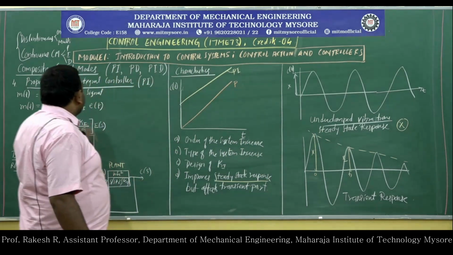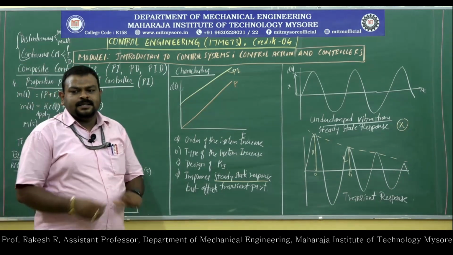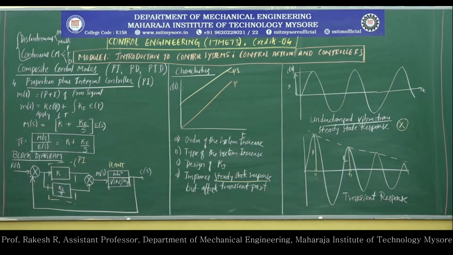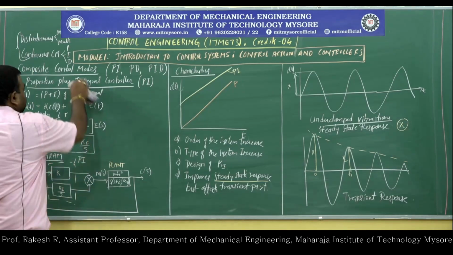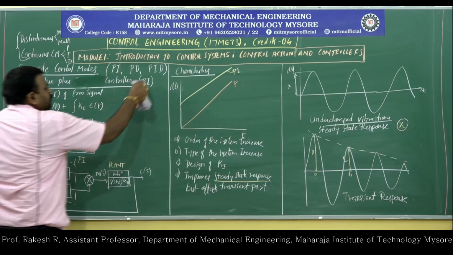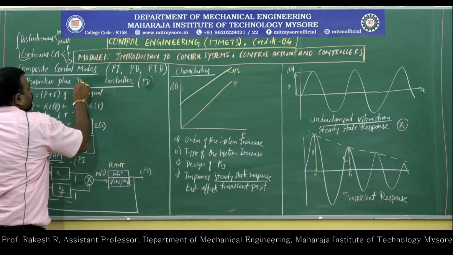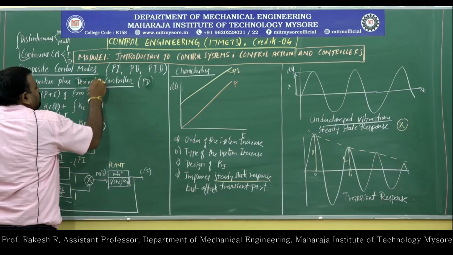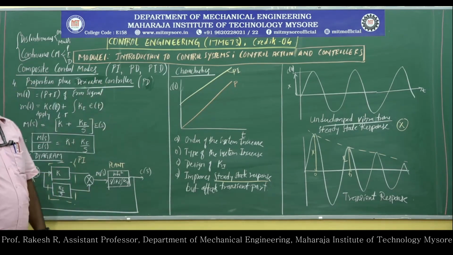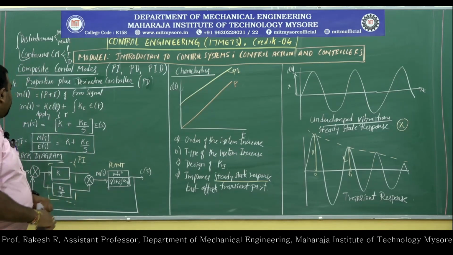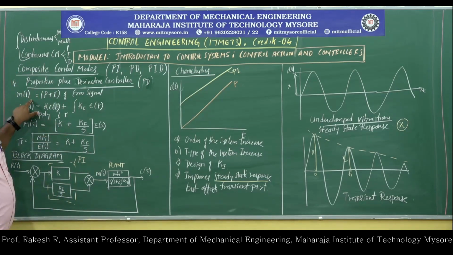Let us take the second type of controller, that is the proportional plus derivative controller, nothing but the PD controller. The name itself indicates a derivative controller. The same analogy: here M of t is the controller output.